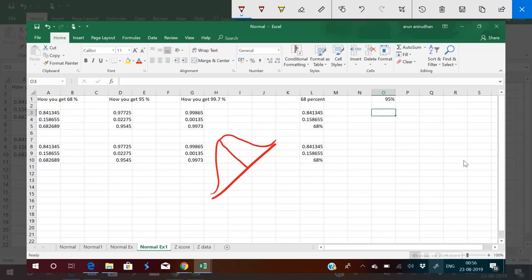That is 60, 70, 80, and here 50, 40. So that is between 40 and 80. That is for 40 and 80 for Norm.Dist.